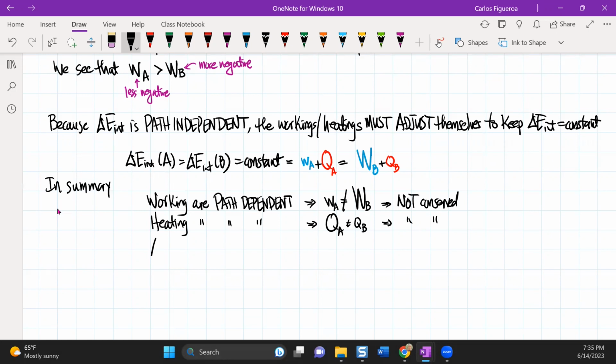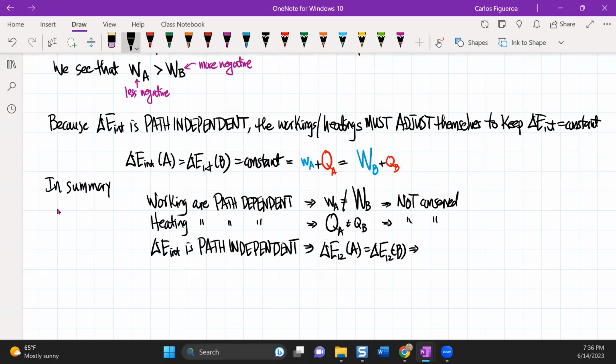We can say that the change in internal energy is path independent, and the reason is that when I look at the internal energy along path A versus along path B, they're exactly the same.